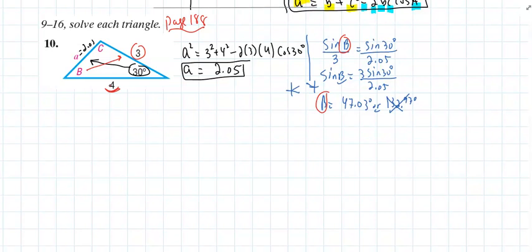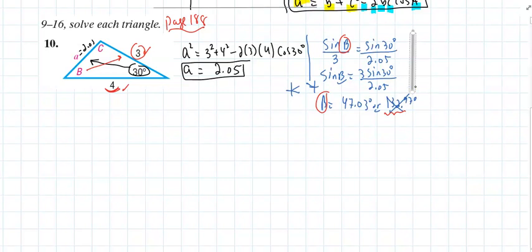And since I'm picking 3, which is smaller than 4, angle B must be smaller than angle C, which indicates that it can't be an obtuse angle, it must be acute, and that's how you avoid this case every time. So it doesn't matter which side you pick first, so that you wouldn't get the two triangles like we did in section 3.2 and worry about the ambiguous case.